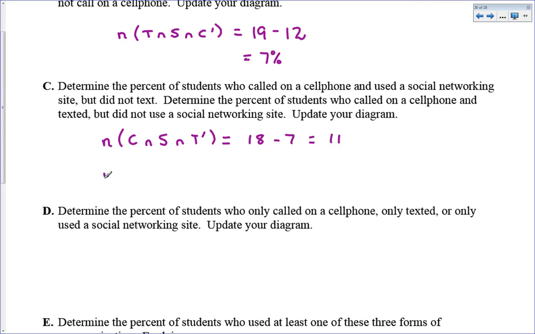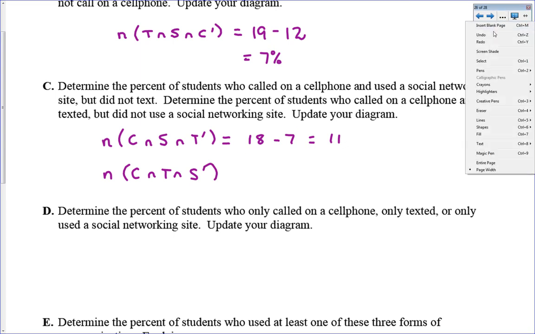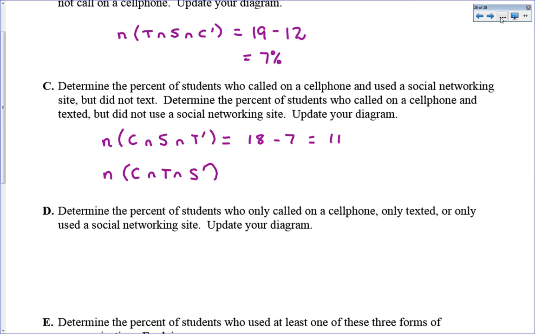Okay. And the number of students who called on a cell phone and texted but did not use a social networking site. Cell phone and texted and no social networking site.